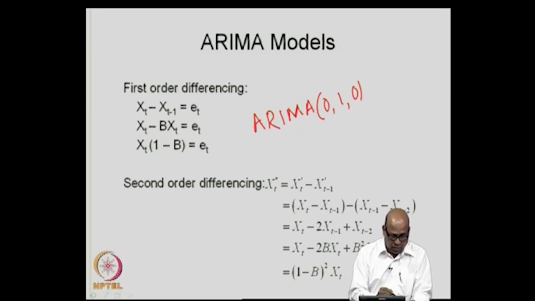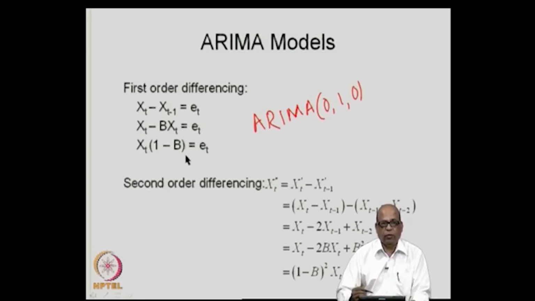Now, let me express this in terms of the B operator. So, x t minus x t minus 1 is x t minus B x t, which is equal to E t. You are putting the operator B on x t to get x t minus 1, that is x t into 1 minus B is equal to E t. So, this is how the first order differencing looks.